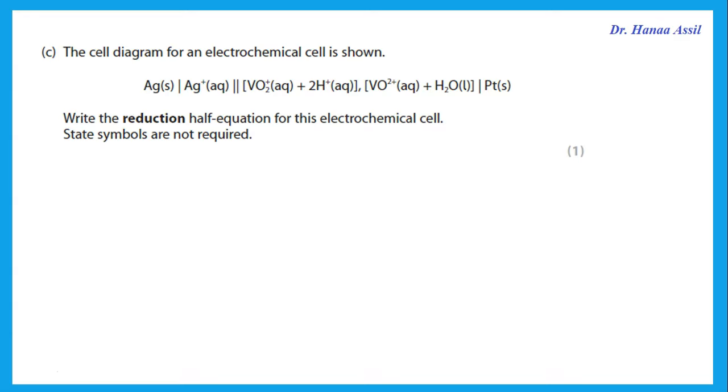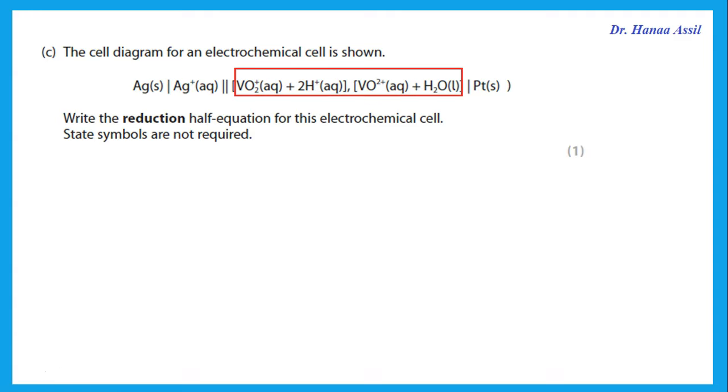The cell diagram for an electrochemical cell is shown. Write the reduction half equation for this cell. So, remember that when we write the cell diagram, the part on the left is the part where we have oxidation. The part on the right of the salt bridge, that is the part that has the reduction.